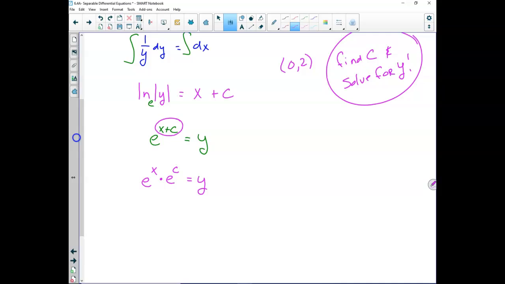So I'm taking my addition of exponents away, kind of backing it up. Because what is e raised to the power of some constant? That c is a constant. I don't know what it is, but e to the c is a constant, isn't it? So that's going to be e to the x times a number, times c equals y.